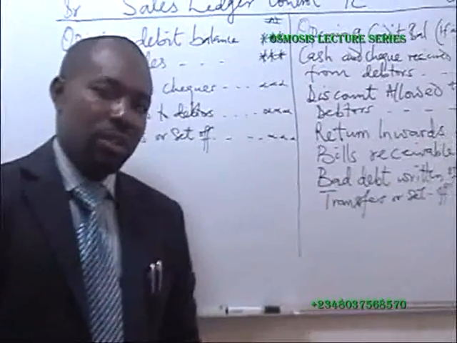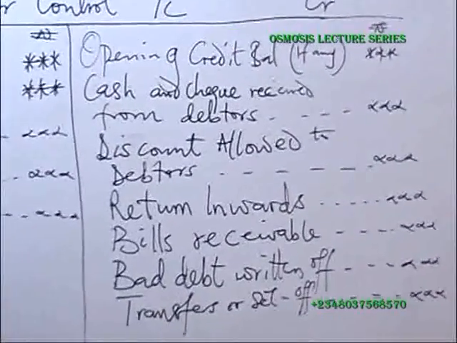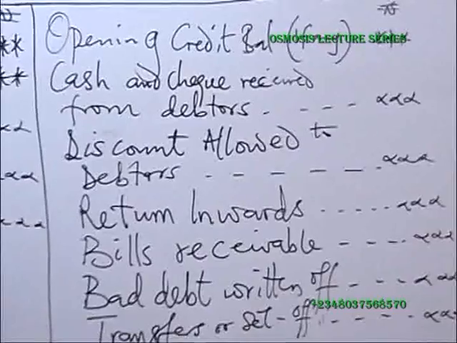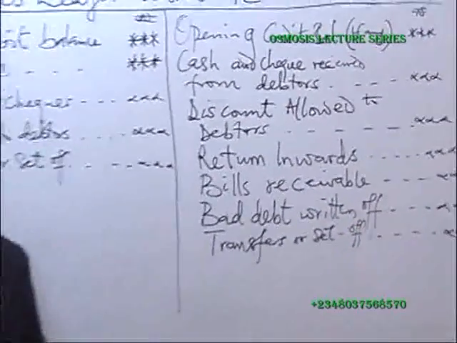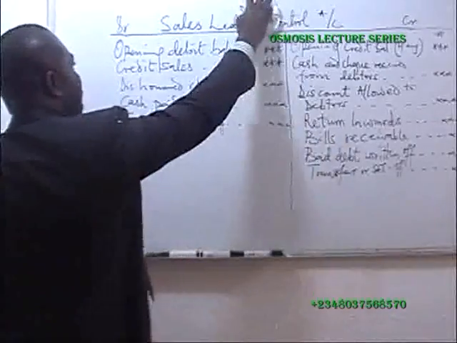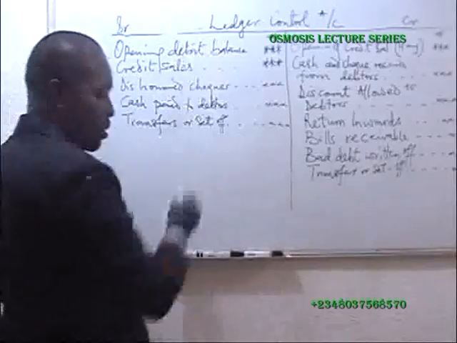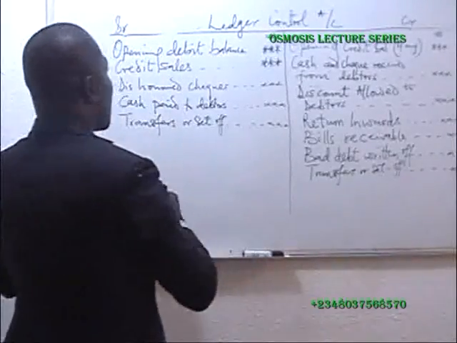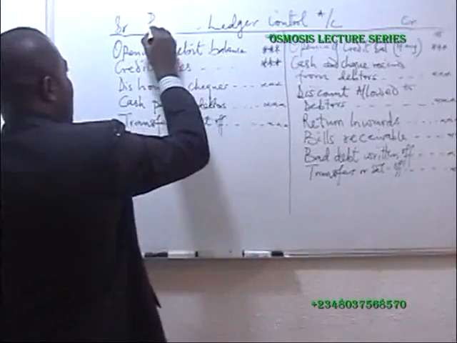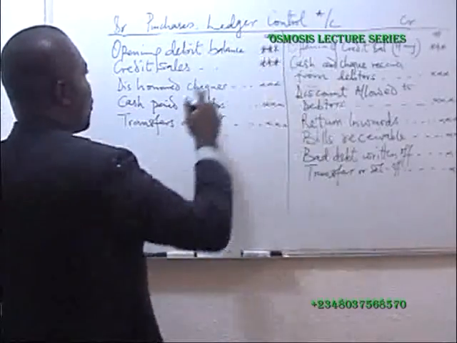So I want you to listen very carefully and follow as we go to the purchases ledger control account. So we remove this, and here we will write purchases ledger control account.